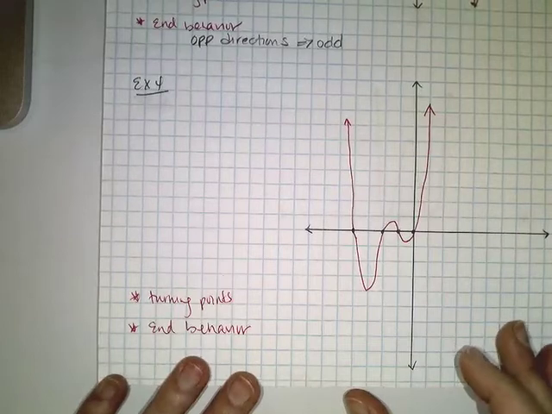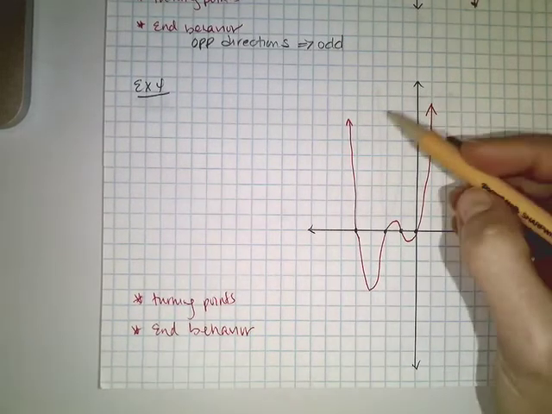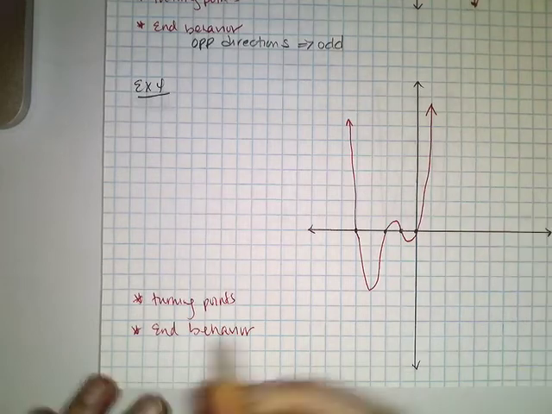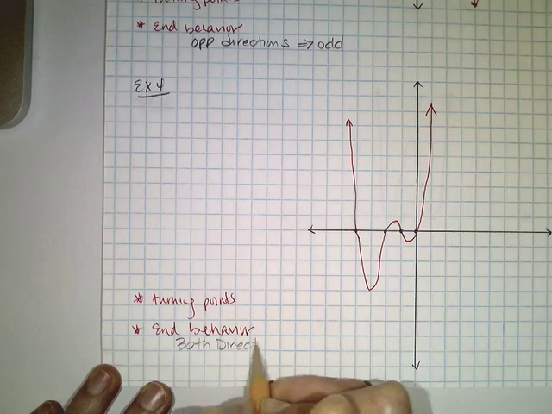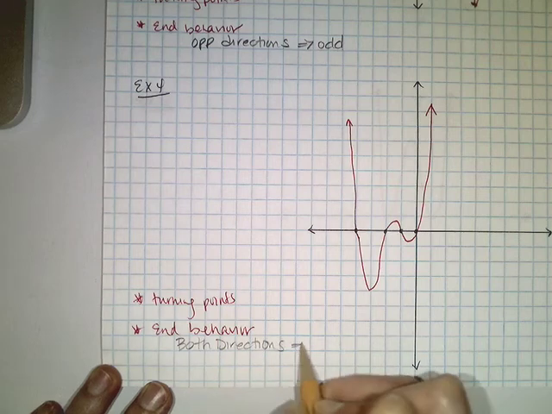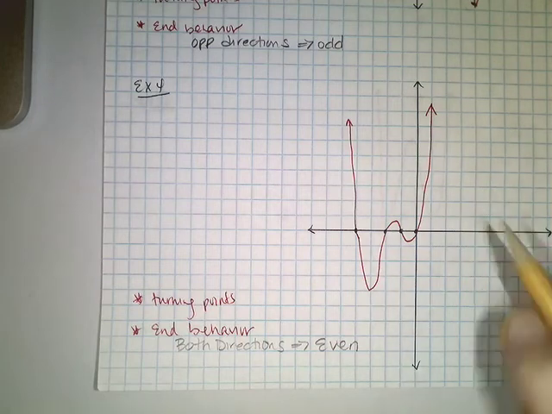So what happens when we have a polynomial that has end behavior that goes in both directions, both going up, which means it's even? It's an even powered polynomial.